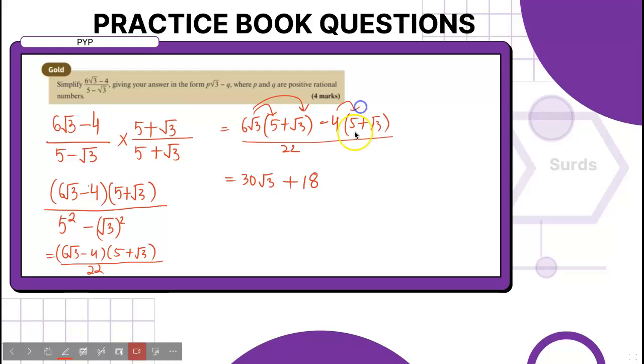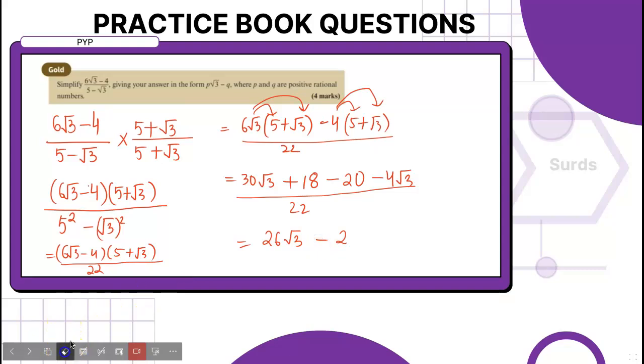Minus 4 times 5 is negative 20, and minus 4 times root 3 is negative 4 root 3, over 22. We can simplify these: 30 root 3 minus 4 root 3 gives us 26 root 3, and 18 minus 20 gives us negative 2.